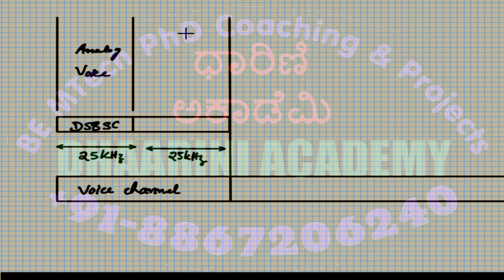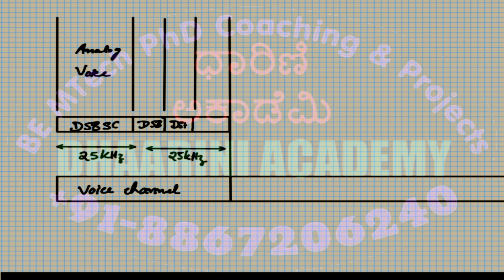In such cases, the remaining 25 can also be used, but it is divided into three parts. Each of these subdivisions is once again DSBSC, double sideband suppressed carrier.